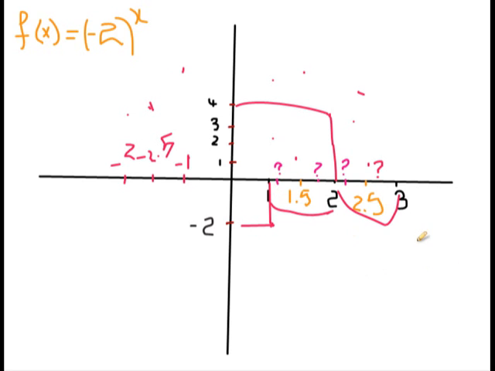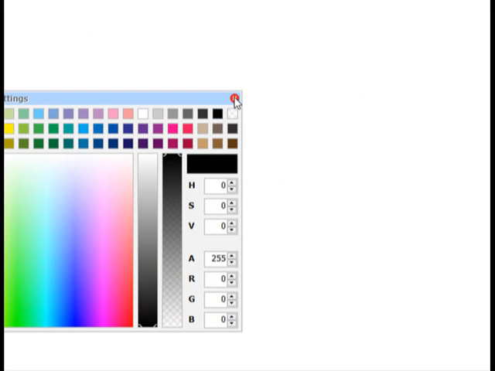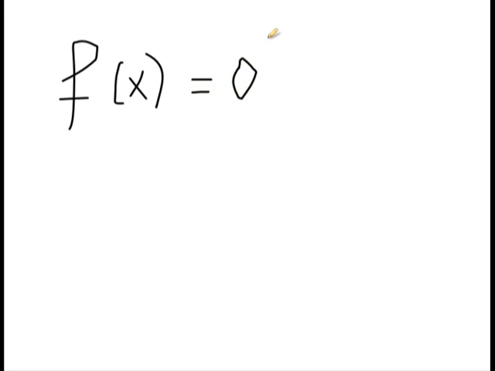Now, we say the base should always be positive, but it cannot be 0. It cannot be 1 also. Let's understand why the base cannot be 0 or 1. Let's take an example where the base is 0. Let's say I have f(x) equals 0 to the power of x.